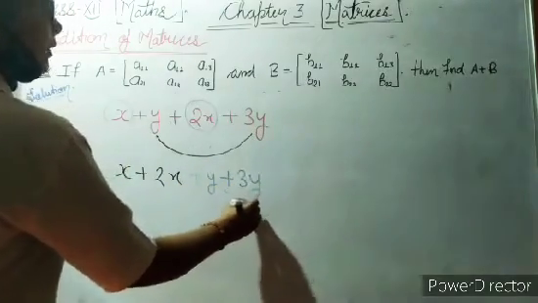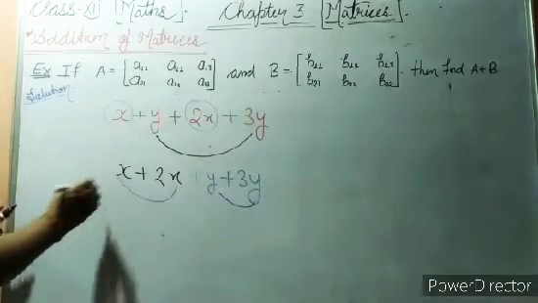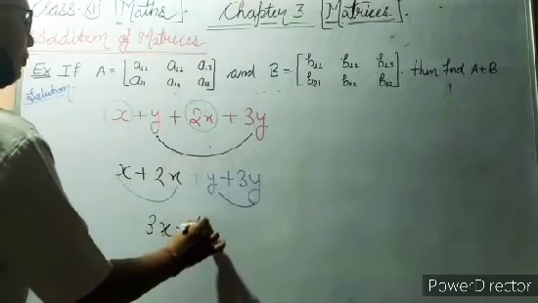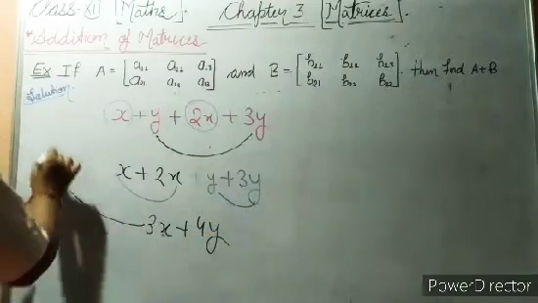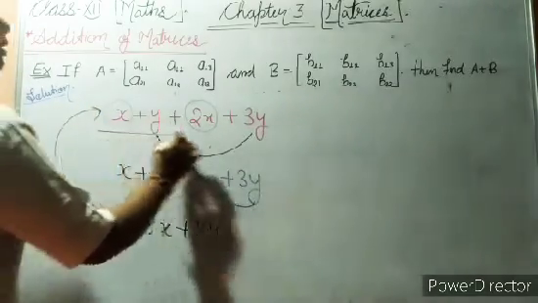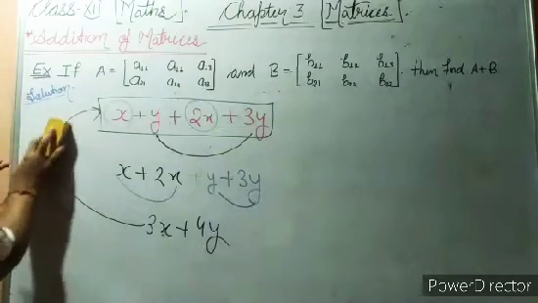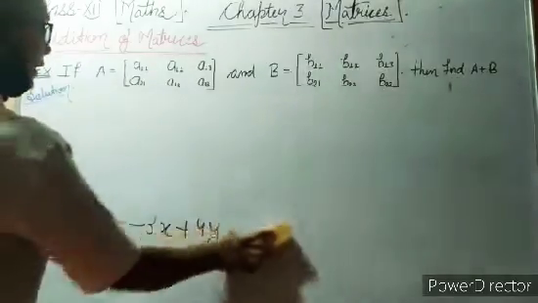That means we add y with y and x with x. Then we get 3x plus 4y. 3x plus 4y is the solution of this question. You know that. Okay. So here we will discuss matrices.